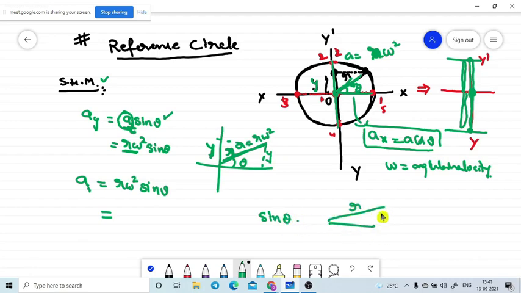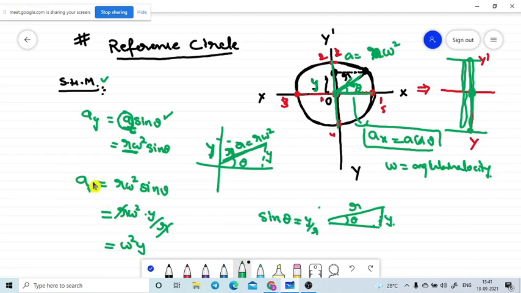This is the radius r of the circle, this is the position y of the particle along the y component, and this is the angle theta. So sin theta is equal to opposite side by hypotenuse, which is y by r. Instead of sin theta I substitute y by r, so we get r omega square times y by r. Cancelling r, we get omega square into y.